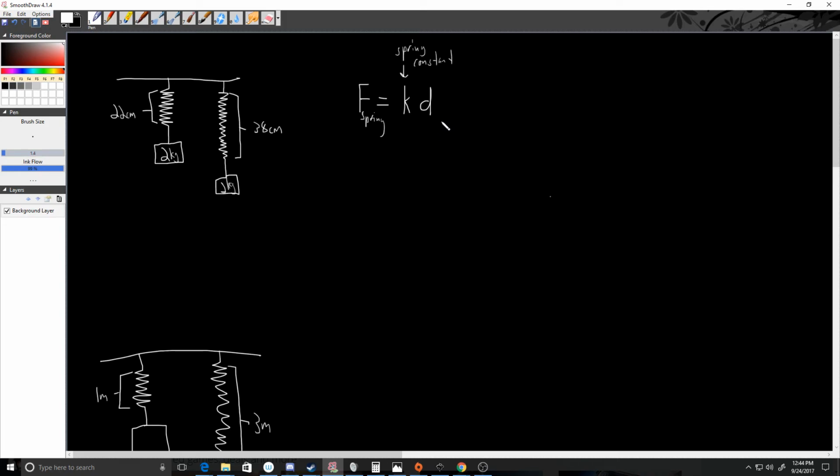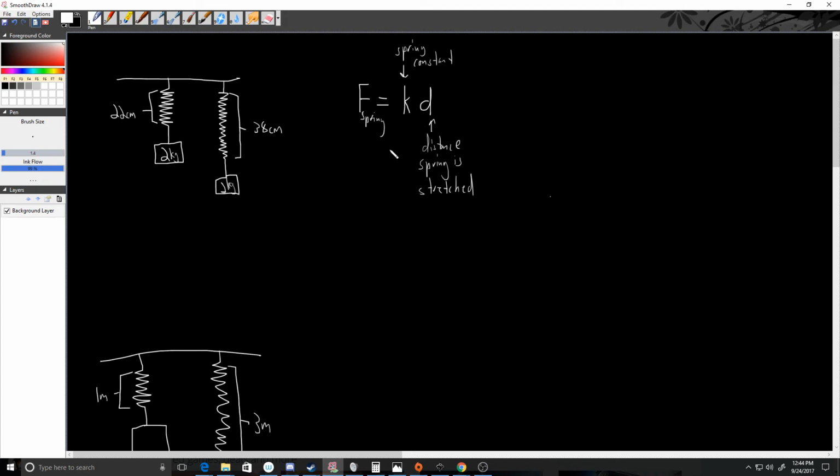times, and you're going to see this a couple ways, a distance. Really this is still distance, but in this case it's the distance the spring is stretched. If you go online to check this out, you can find this a bunch of different ways.